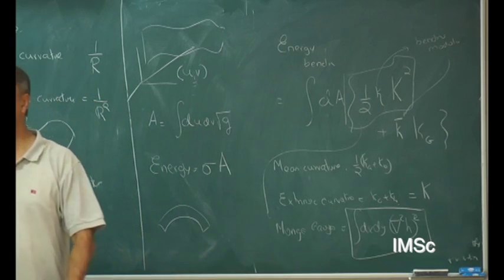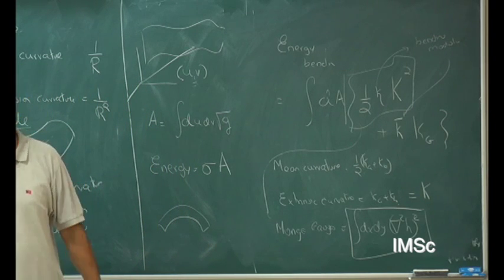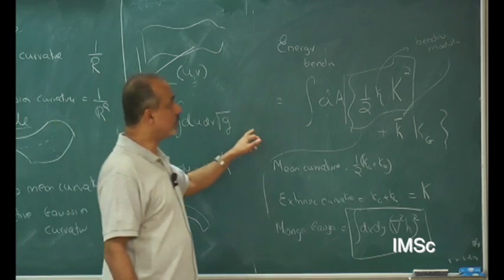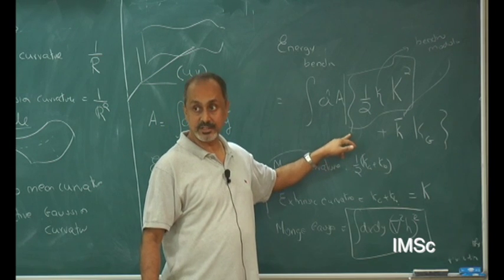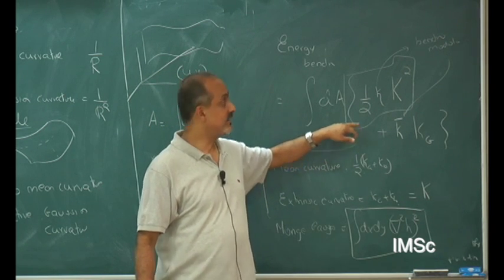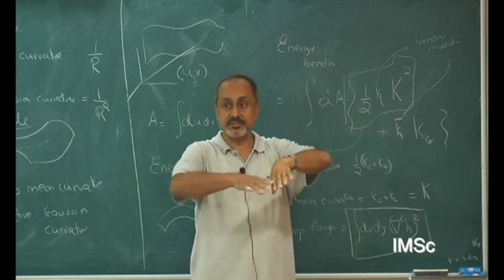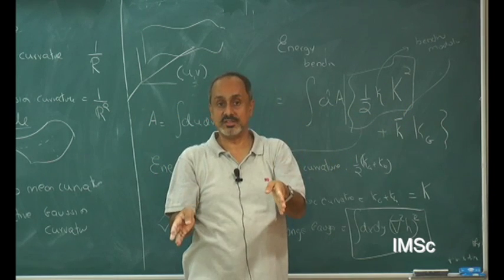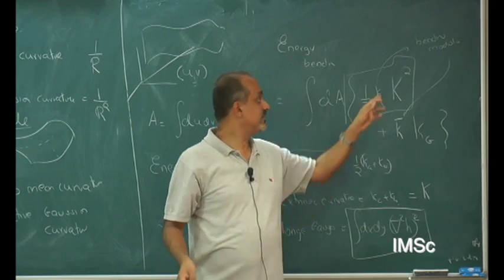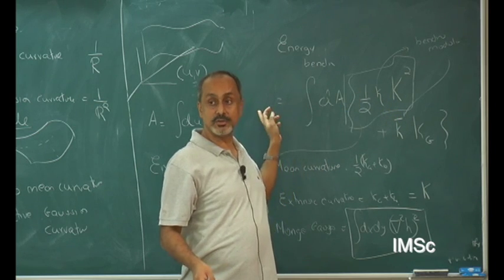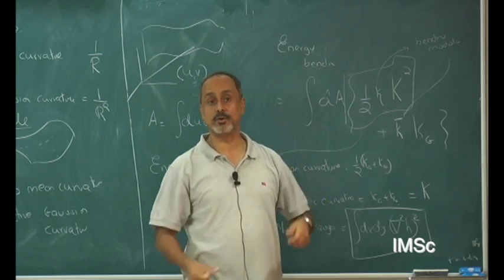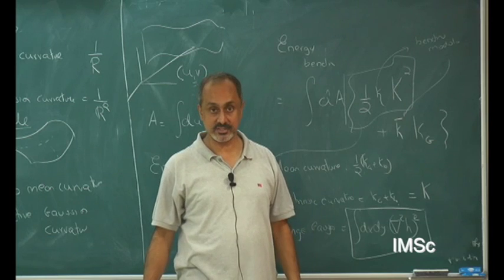If there is some energy I will associate with curving the surface, the answer is to go to every point on the surface and find out what the curvature is. This kappa squared says it doesn't matter if it curves upward or downward, it has the same energy. This quantity is what I must multiply by in order to get a dimensional quantity of energy. So it's the energy cost of creating a certain amount of curvature.